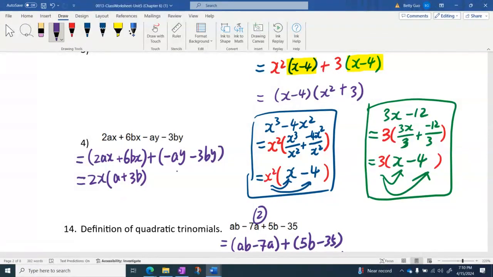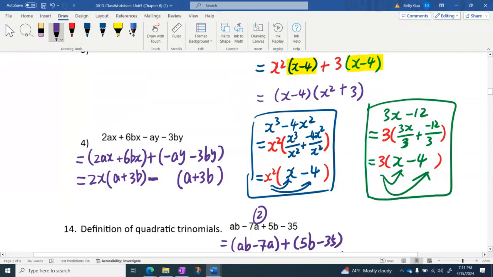And the second group, they are both negative, right? The two terms in the second group, they are both negative. You are going to factor out something negative, such that in the parentheses, you have the same thing. The goal is to factor out a GCF or negative GCF such that the binomial in the parentheses is the same thing.